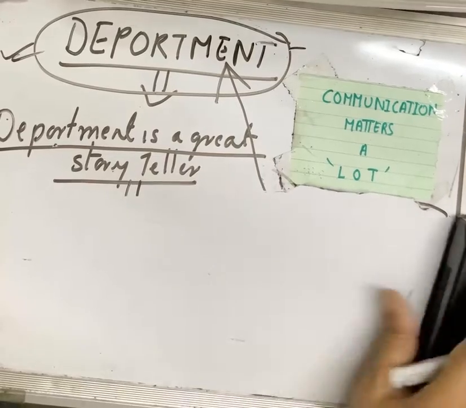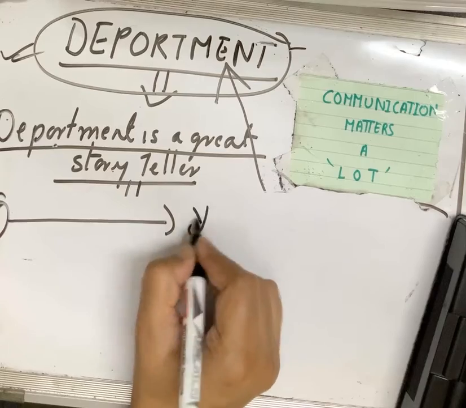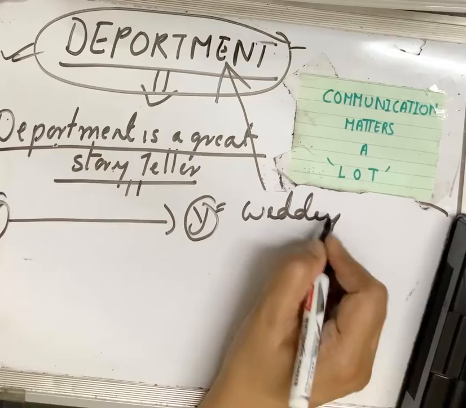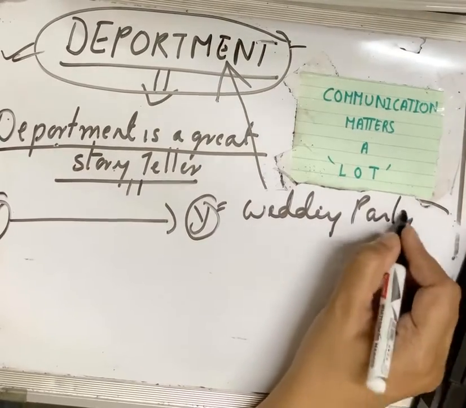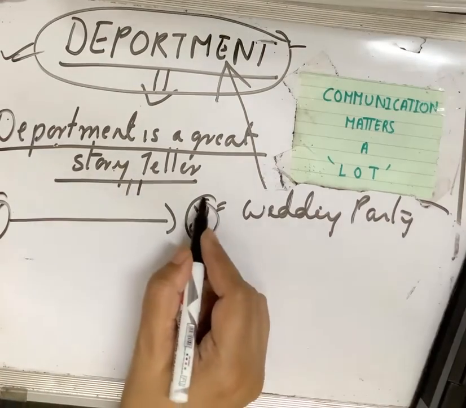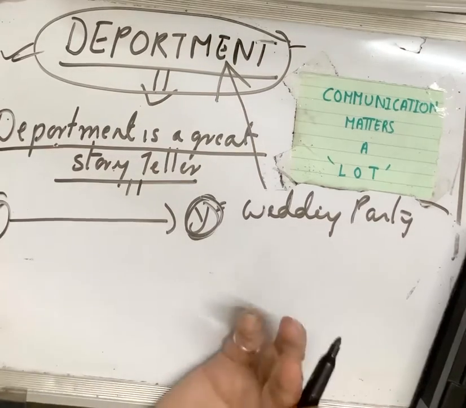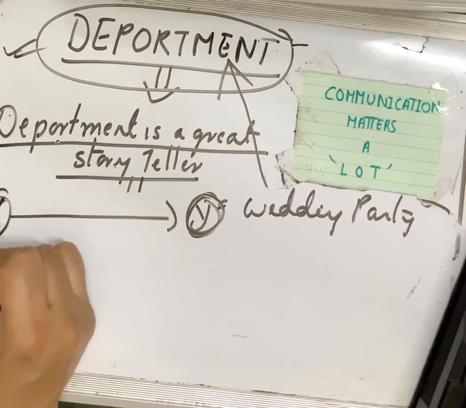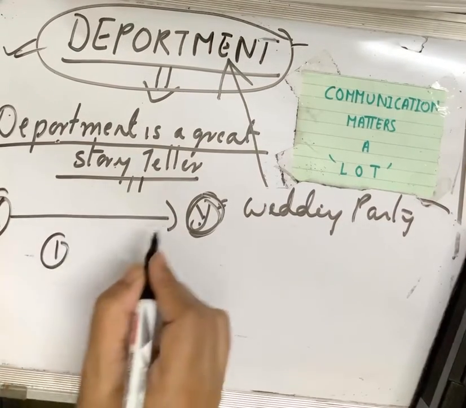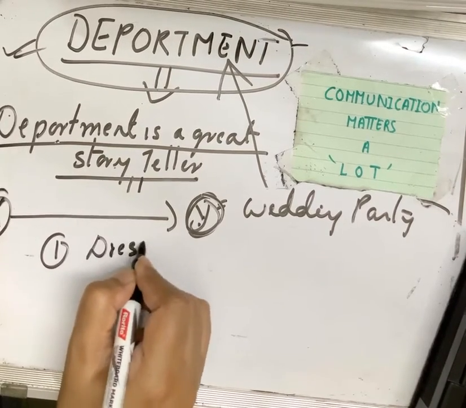Let's imagine X as a sender has gone to Y's wedding party. Y is getting married, and X and Y were friends in school, and Y is today a bride, and they were not in touch. So after a gap of a couple of years, X is visiting Y, and what does Y see? Number one, Y sees that X has not really dressed up for the wedding.